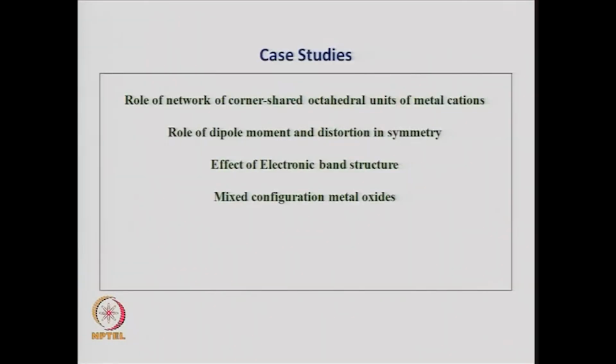Now, let us look at a few other case studies where we will see what the role is of the network of corner shared octahedral units of metal cations. We will see when you use metal oxides other than TiO2, why they are photocatalysts in certain cases, especially when you have corner shared octahedra, which show high photocatalytic efficiency. Then what is the role of the dipole moment and distortion in symmetry, and how it affects the photocatalytic properties.